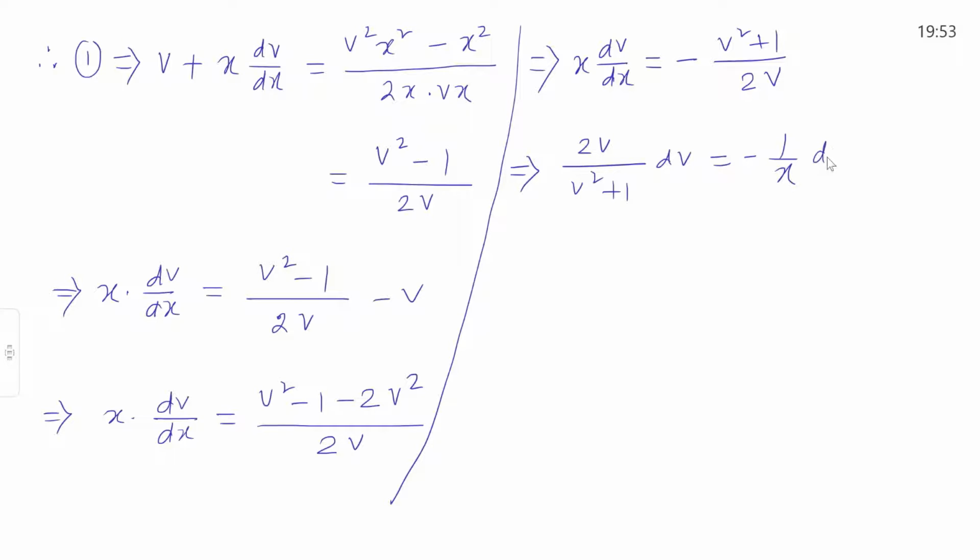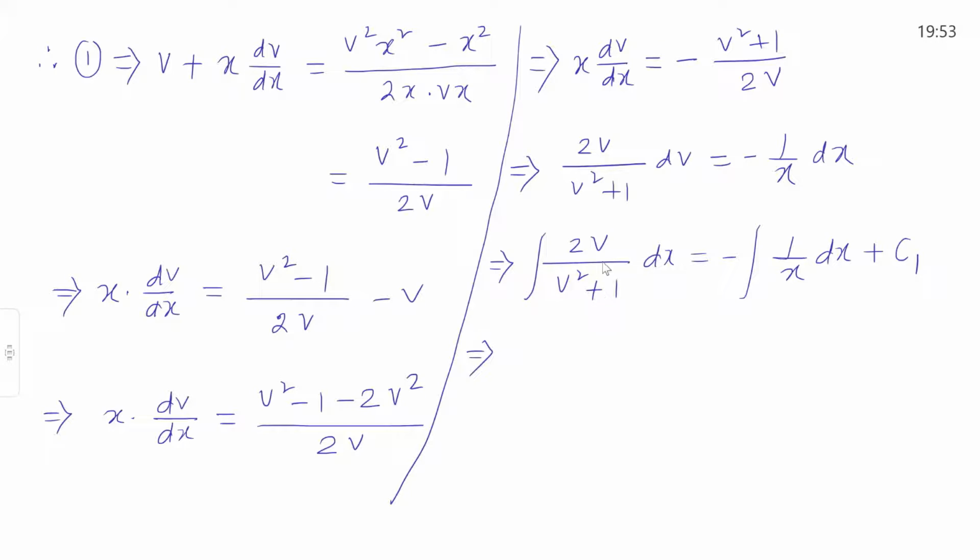So integrating, twice v divided by v square plus 1 dv is equal to minus integration of 1 by x dx, plus some constant, say c1.